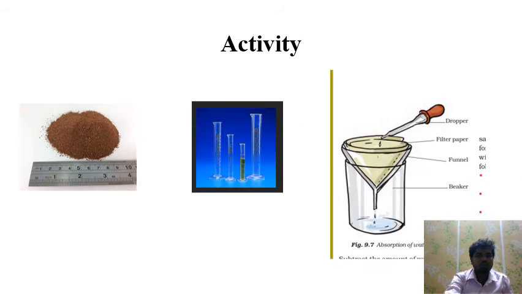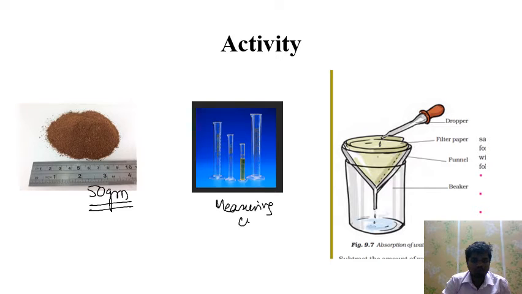Now we will study something about absorption and percolation of the water. So we are going to do one activity. We are going to have 50 gram of sand, and we are going to have a measuring cylinder. Now see this setup, students.